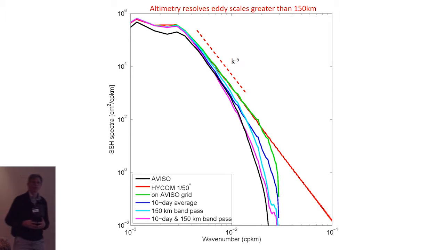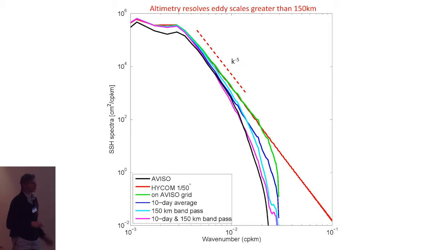Now, how do we evaluate the impact of the altimetric sampling and the time average? What we did is subsample. In black is the power spectra of the Aviso product, and in red is the 1/50th degree.